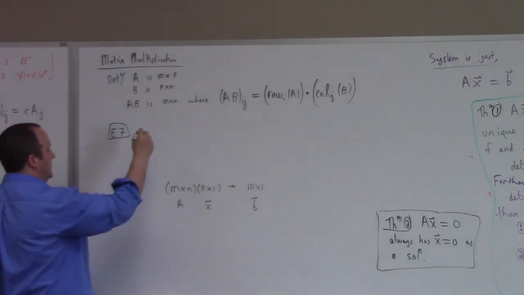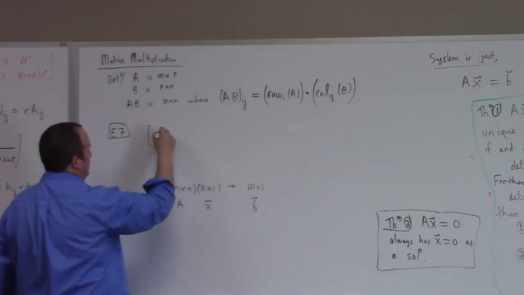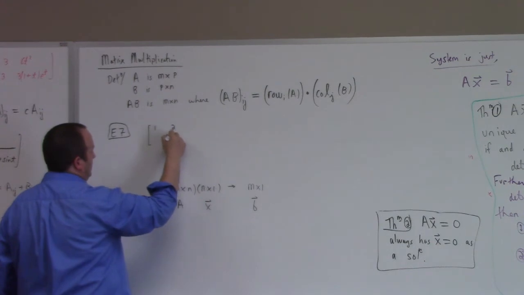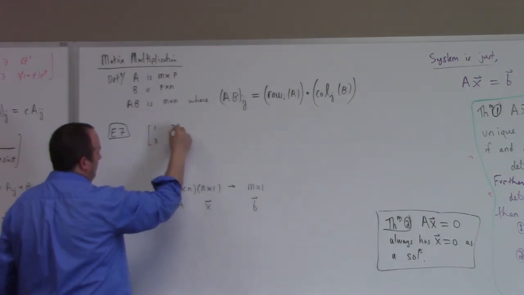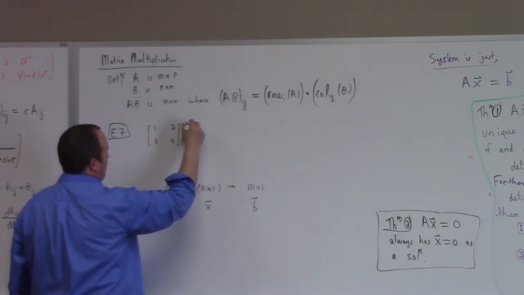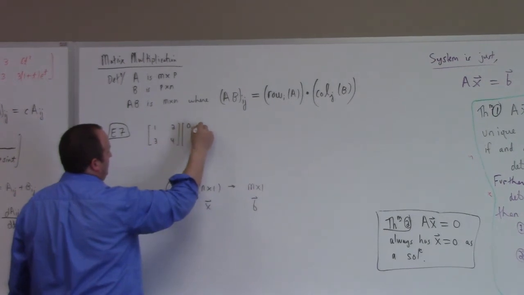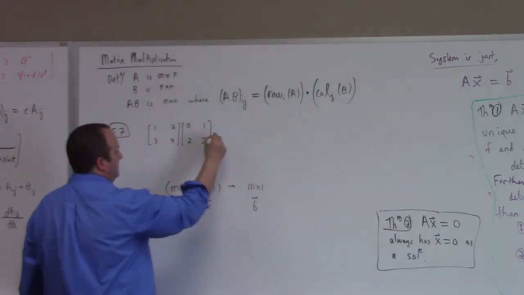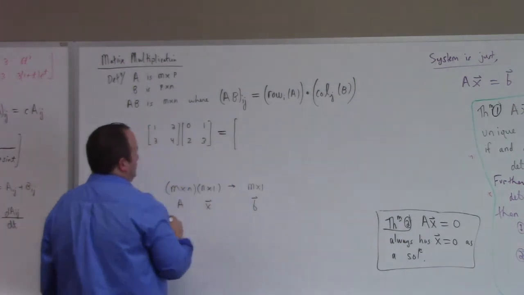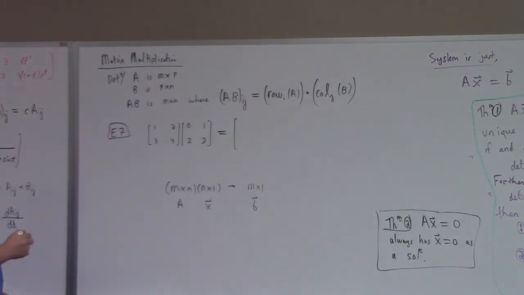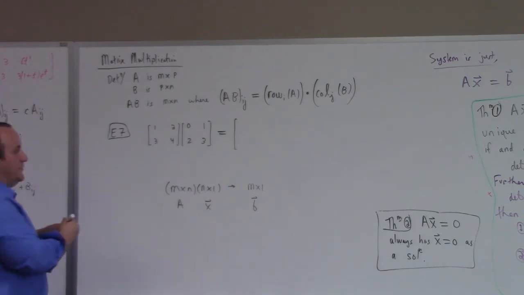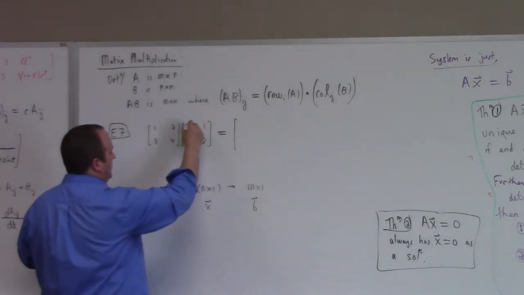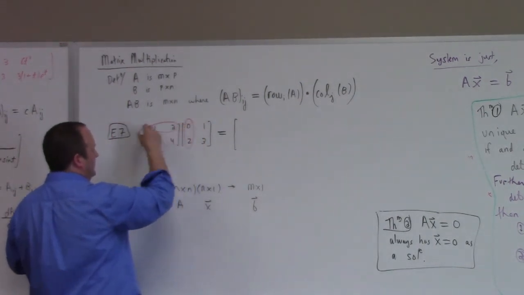Okay, so here's one. We could do 1, 2, 3, 4 times, let's say here, 0, 1, 2, 3. So we do some color coding here. We take the dot product of this one with that one.